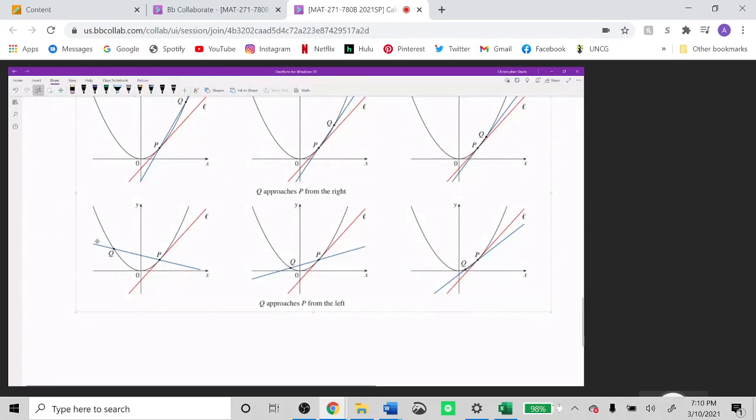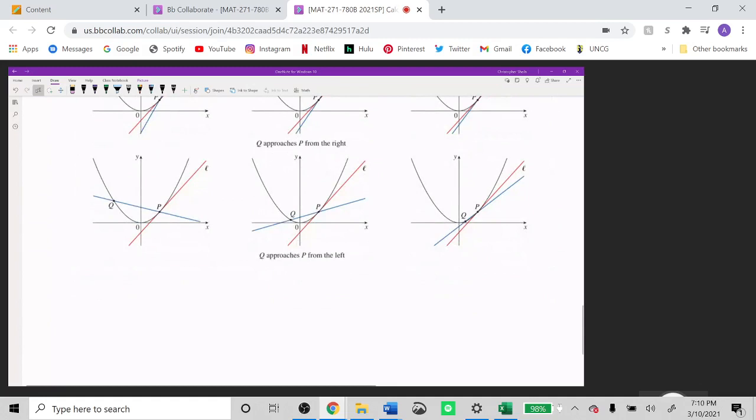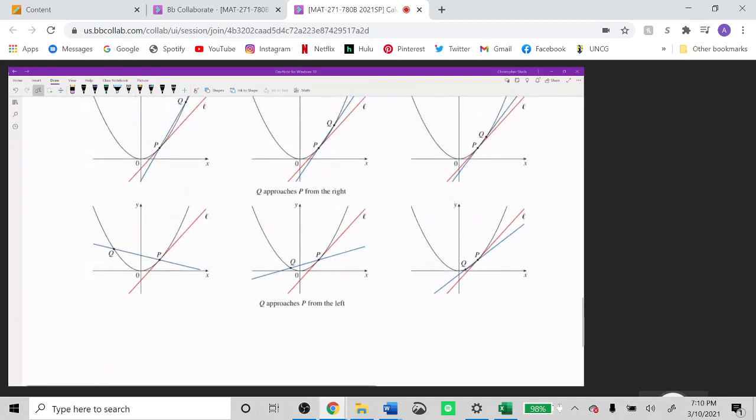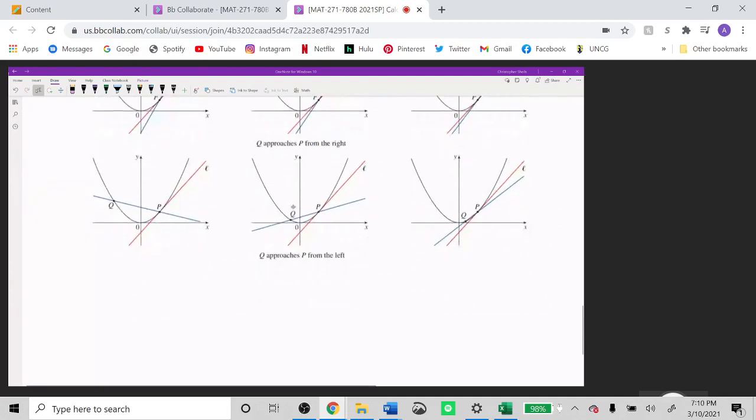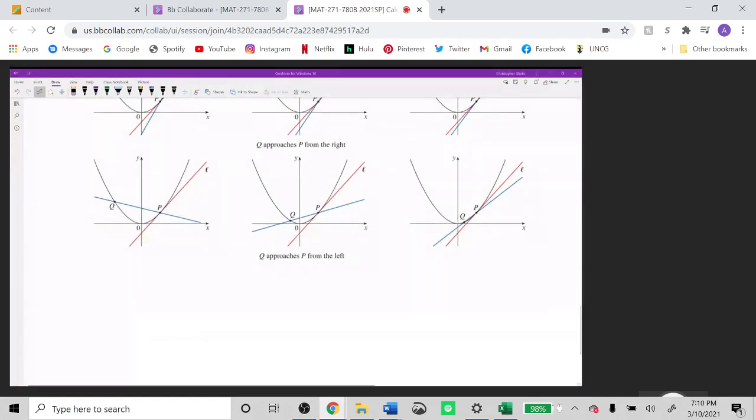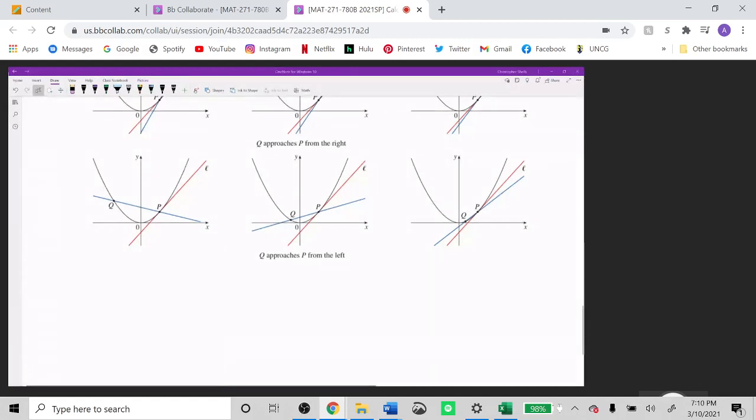But as this point Q gets closer and closer to the point P, where essentially these points become indistinguishable from one another eventually, at that point, we've reached a limiting value, which in this case is 2. Does this make sense? This is a bit of an out there concept, right?